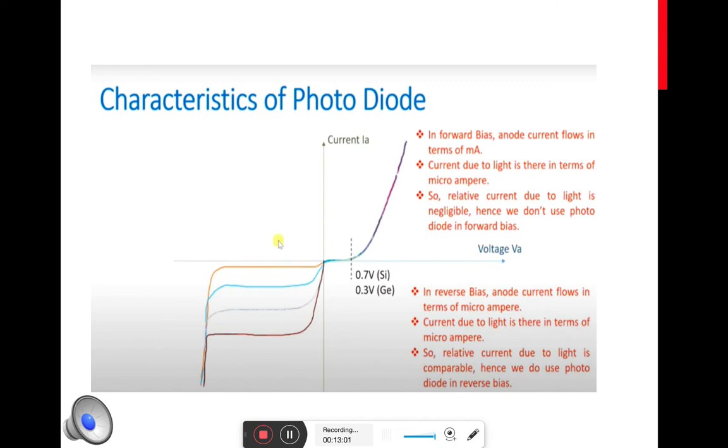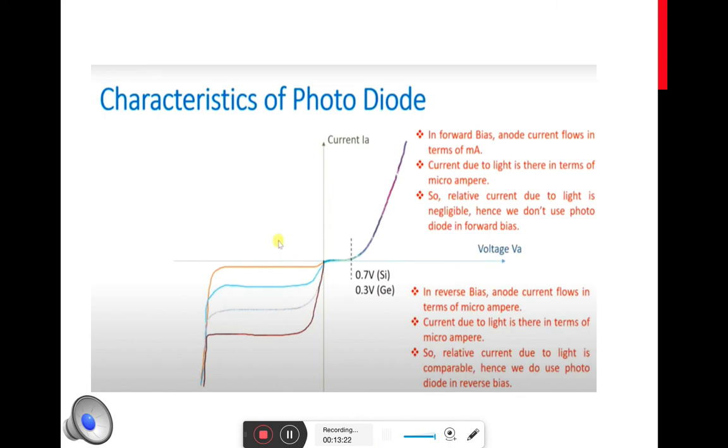When it is used in reverse bias, you can see in the first graph the current flowing through the photodiode when no light falls on the depletion region. That current corresponding to no light is called the dark current, highlighted in orange on the graph.